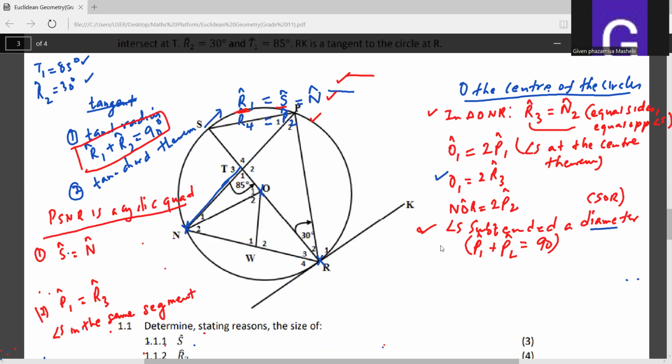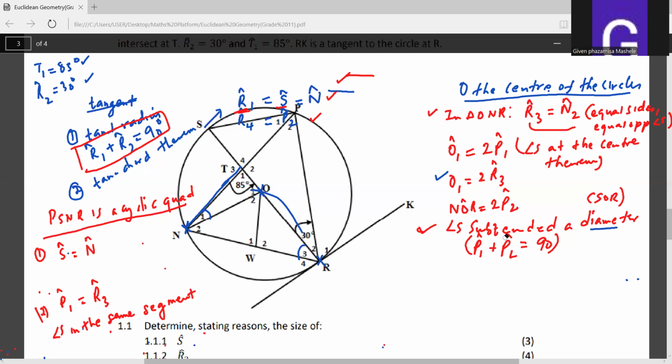So to prove that, we want to find out whether NT is a tangent, ladies and gentlemen. It means here we're supposed to have a circle. If this is a tangent, we have to prove that angle N1 is the same as angle R3. It says whether, so we are not proving that it is a tangent. We are checking whether it's a tangent or not.